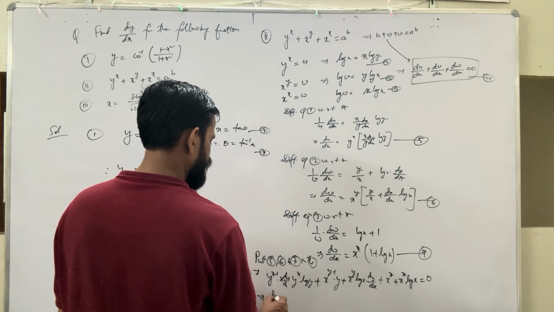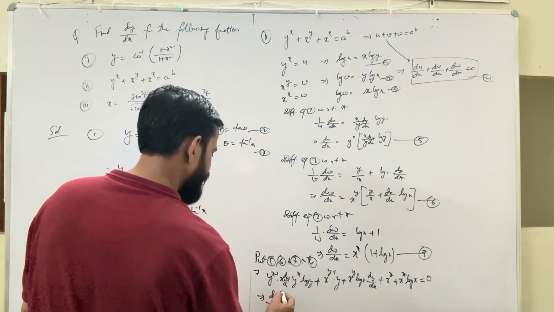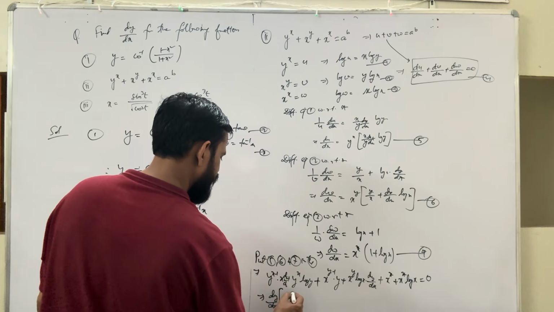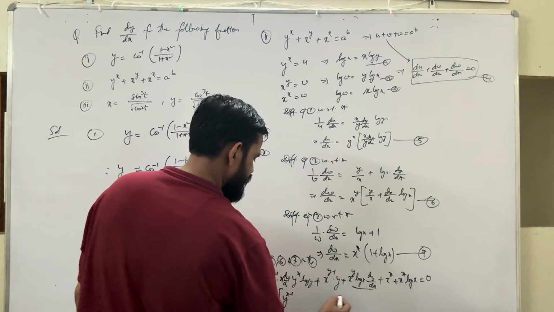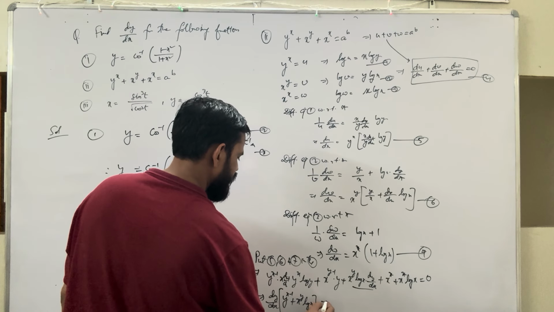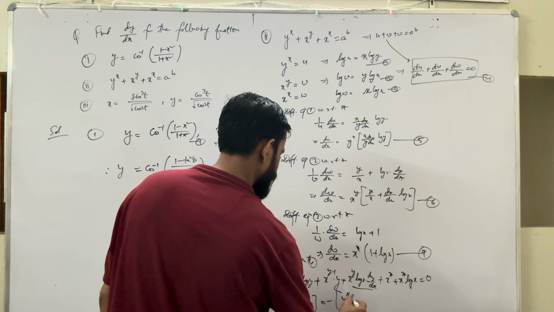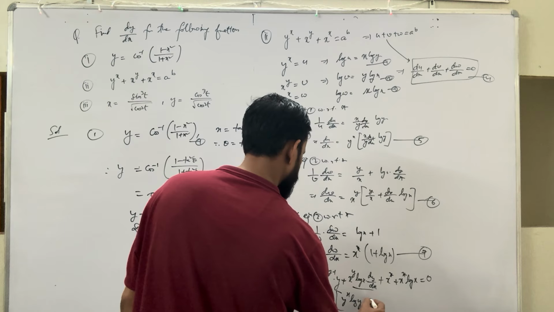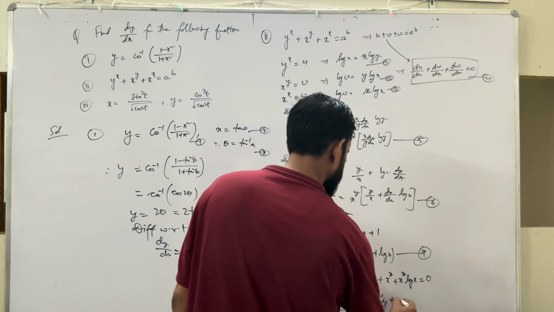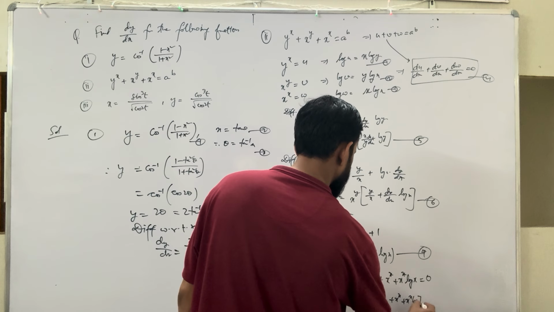So we take dy by dx common. If we take dy by dx common, so we have y to the power x minus 1 plus this term, x to the power y log x, and the rest of the terms go to the right hand side, that is y to the power x log y, x to the power y minus 1 y plus x to the power x plus x to the power x log x.